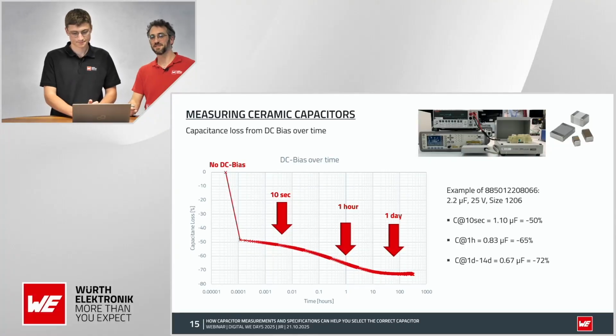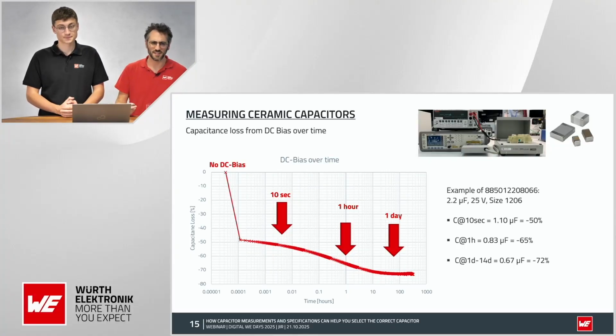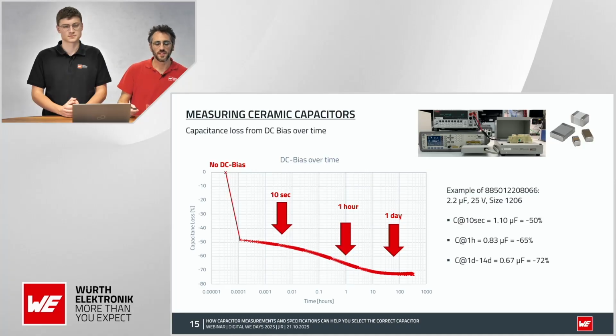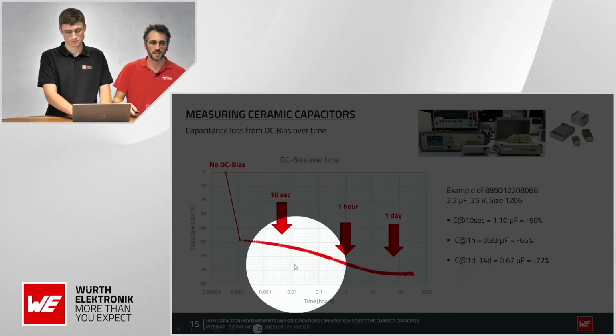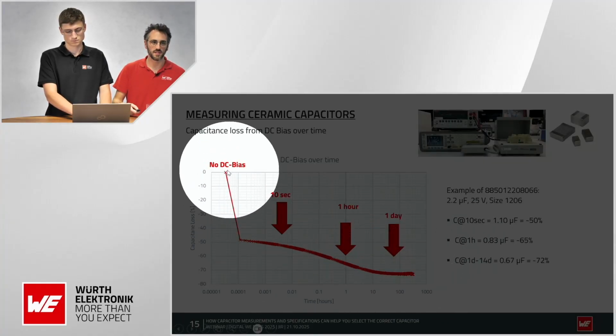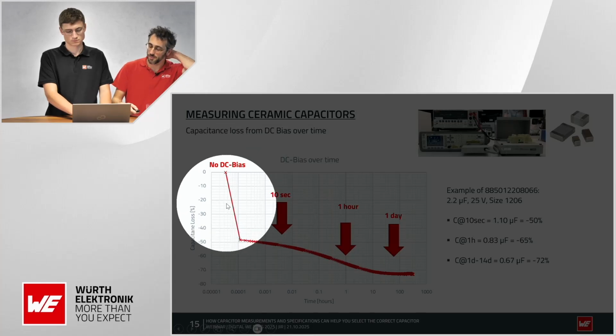What about recovery of the DC bias aging effect? How long do I need to power off the cap for recovery? This is very tricky. I don't have an answer for this because, as I showed you in the other slide, if I disconnect the power supply and then wait, it will not go back to the original value, but there will be a permanent polarization.